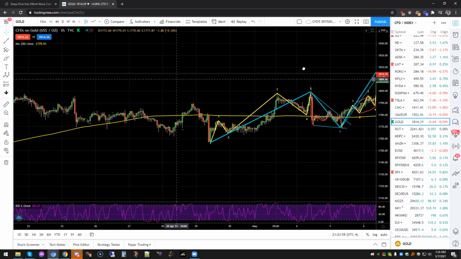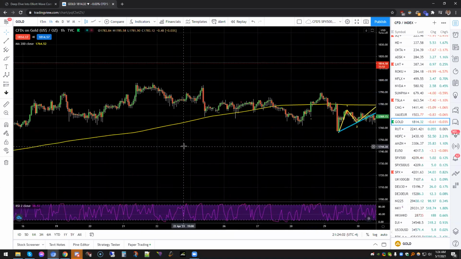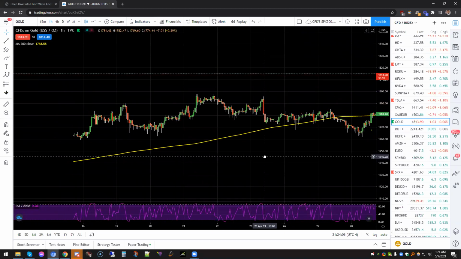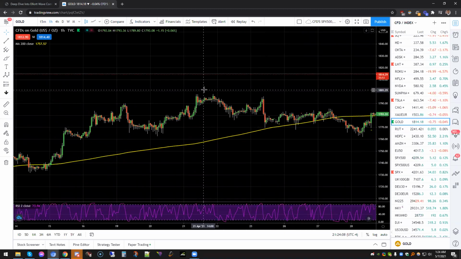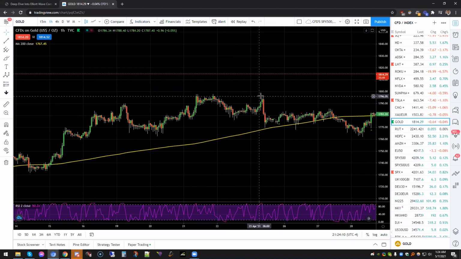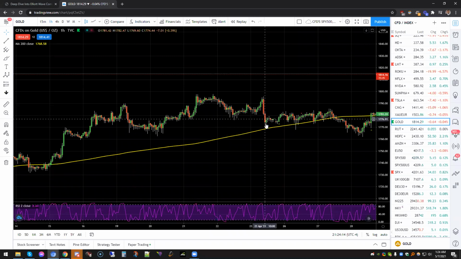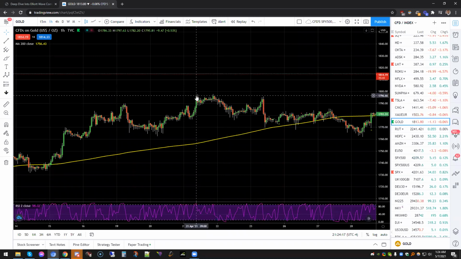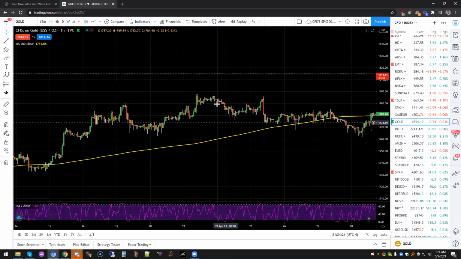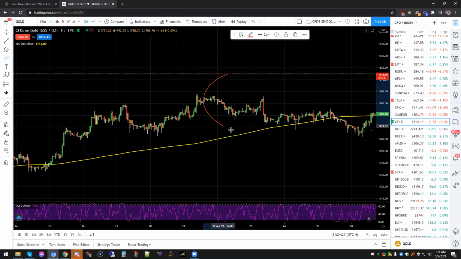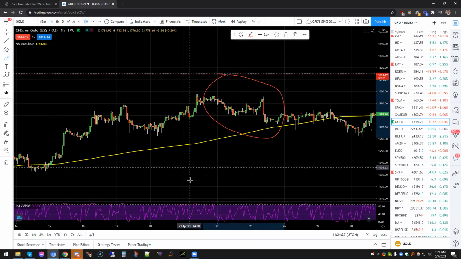So let's see if we can find another one. Let's try to find another one. So if you look at this price action right here, what does this look like to you? What does this price action look like? Can someone tell me? This section right here, let me just circle it for you. What does it look like?